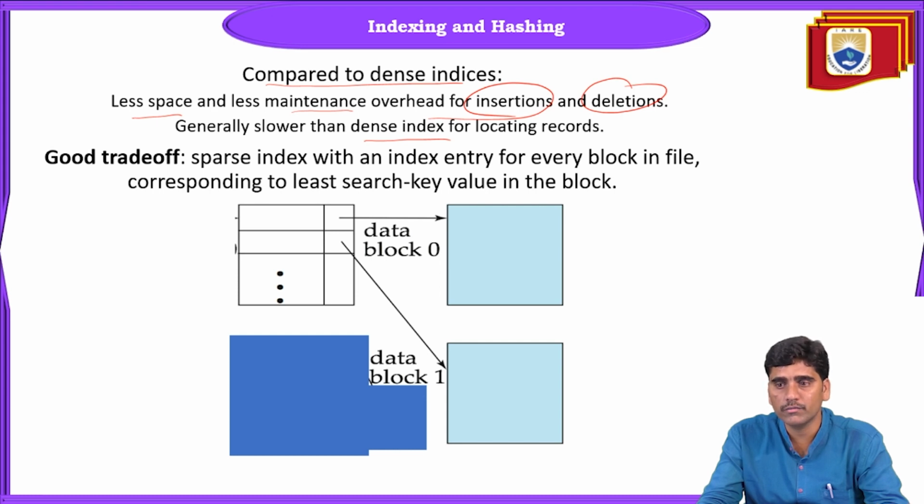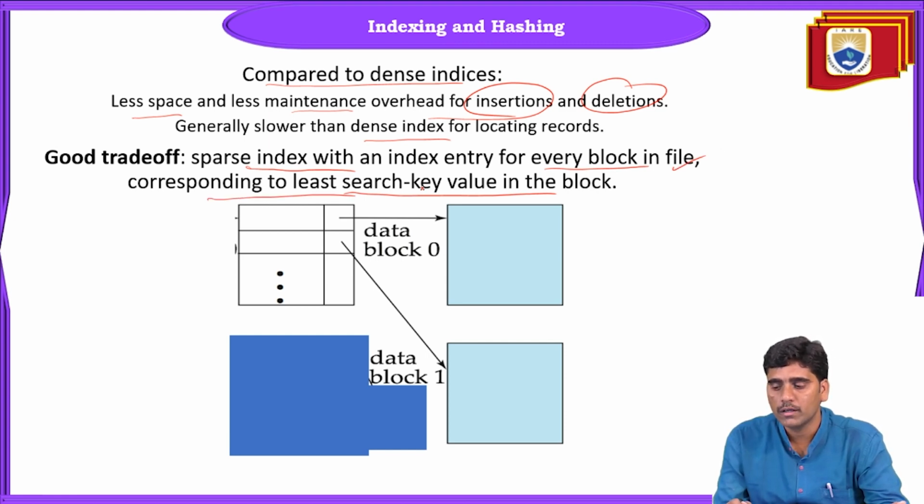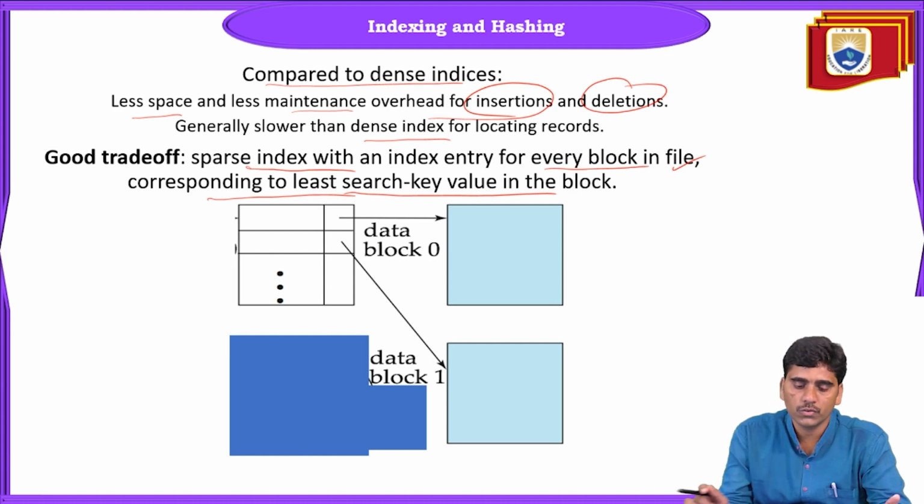A sparse index with an index entry for every block in the file corresponds to the least search key value in the block. This file contains data block 0 and data block 1. The sparse index shows data block 0 for the first index, and data block 1 for the second index.